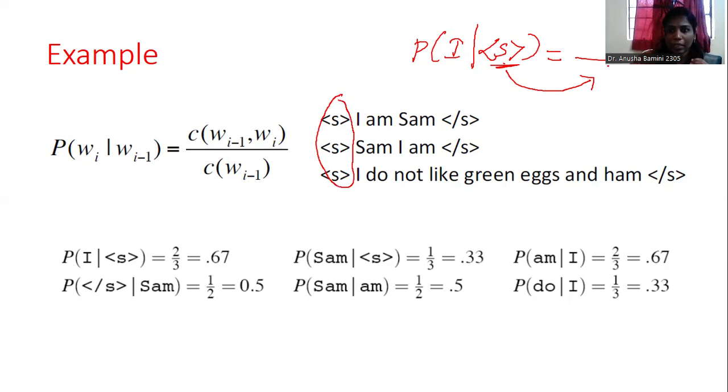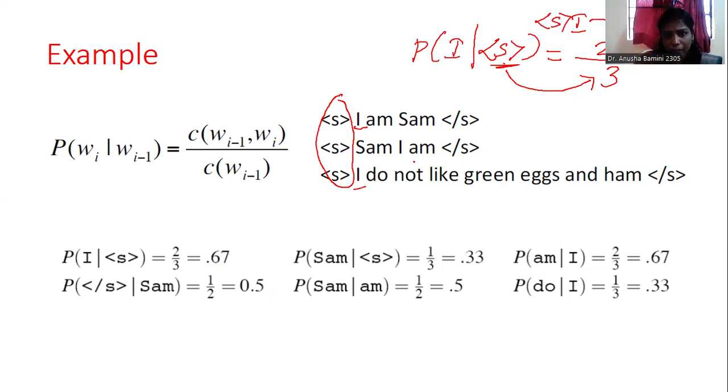Totally 3 times, so the count is 3. Then check how many times I is occurring after the start string. After the start string, how many times is I occurring? 1, 2. So the answer would be 2. So the probability of I occurring as the starting string is 2 by 3, so the answer would be 0.67.